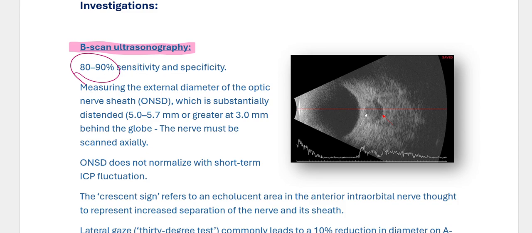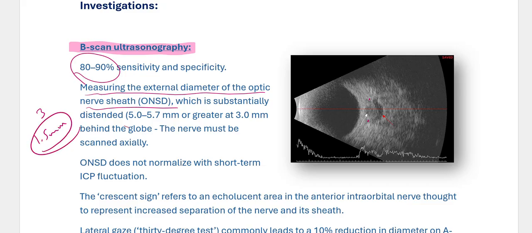This is in papilledema. So, usually, you can diagnose papilledema by measuring the external diameter of the optic nerve sheath, ONSD. It's normally 3 millimeter behind the globe, which is this area, and 1.5 millimeter the intraocular part.